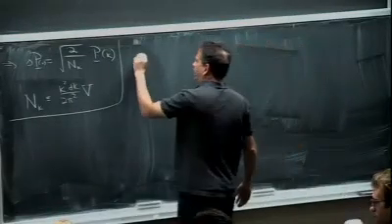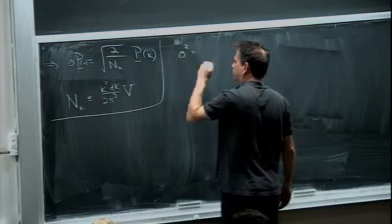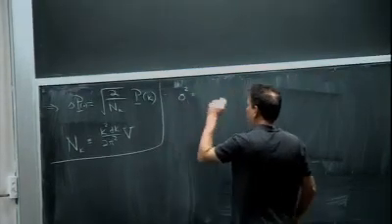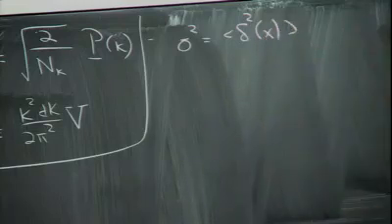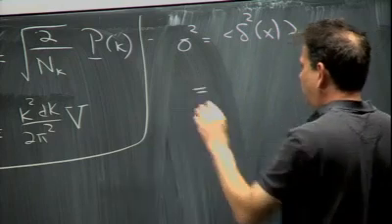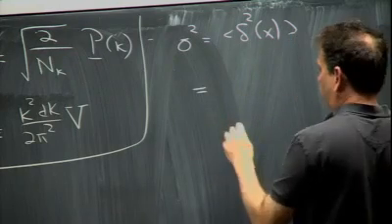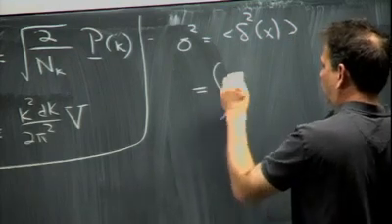So imagine taking this variance squared. We defined it on the first blackboard as just delta of x squared. Right? But now we know a lot about this. We can actually do a lot of computations here. So this is equal to, let's do it in terms of Fourier modes.